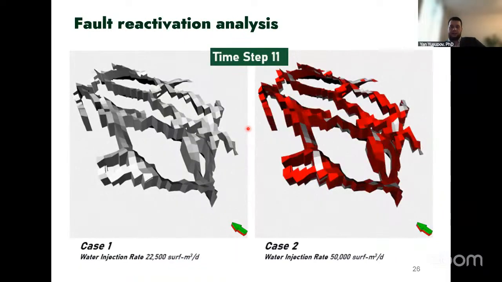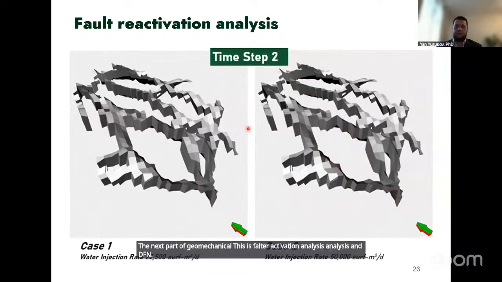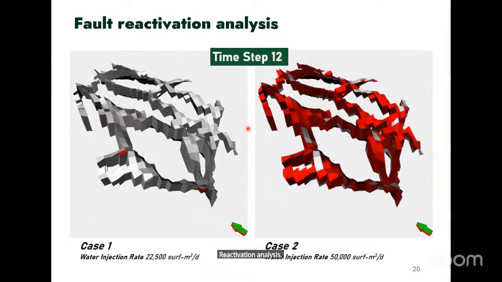The next part of geomechanics is fault reactivation analysis and DFN reactivation analysis. Why is it very important?